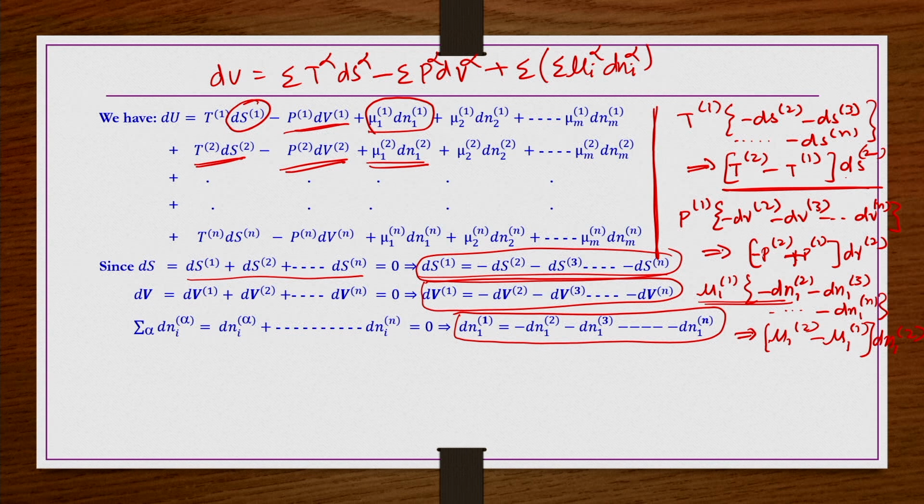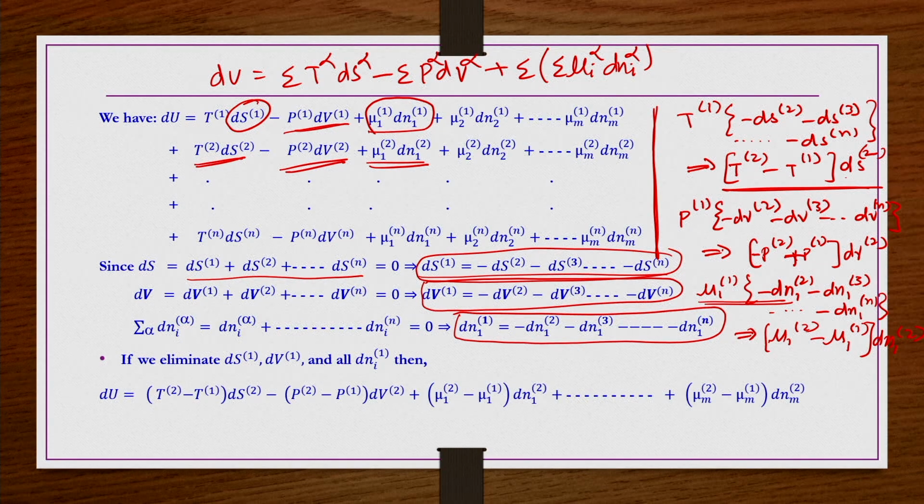Like this, if I write for all other remaining terms also and put them together, I will have T2 minus T1 ds2, minus of P2 minus P1 dV2, or plus P1 minus P2 dV2, either way you can write.